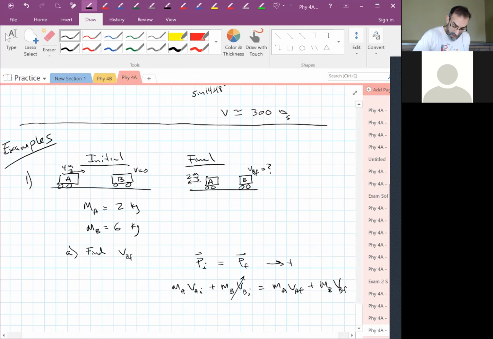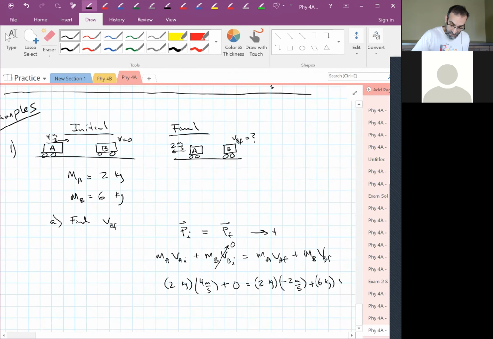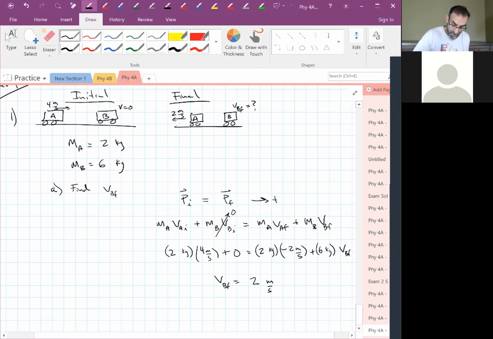So I've got 2 kilograms times 4 meters per second, and that's in the positive direction. At the end, I've got 2 kilograms times negative 2 meters per second. It's moving in the negative direction. Plus 6 kilograms times VB final. And VB final has to be positive 2. So it's moving to the right.